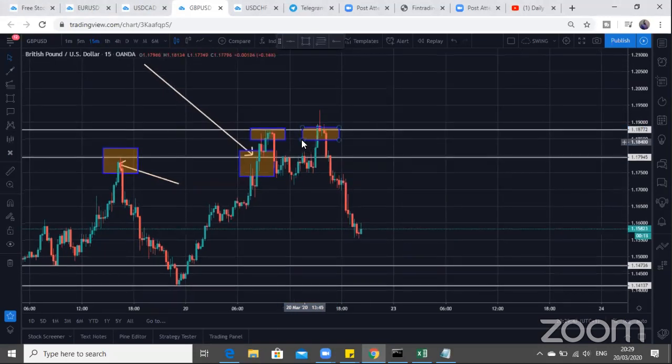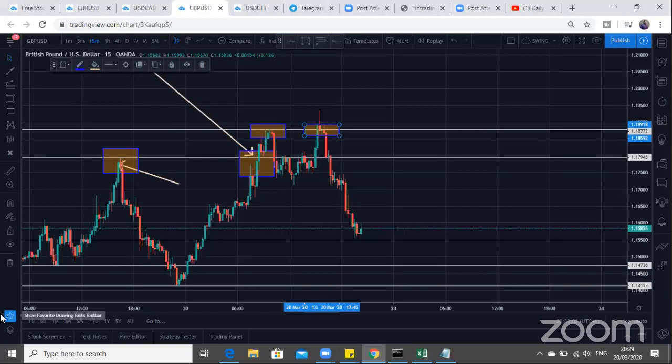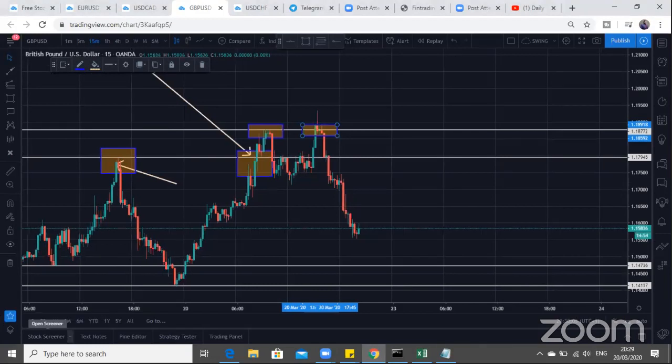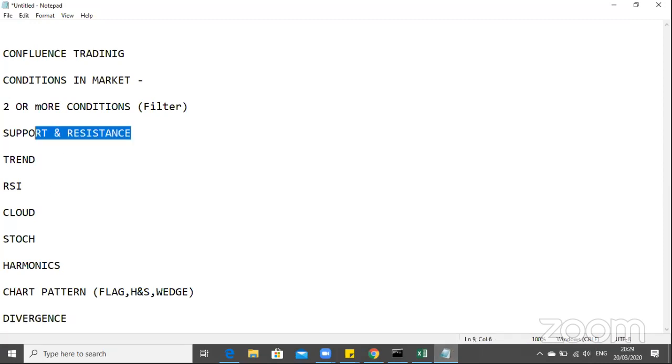Not every roof is tradable. Not every support is tradable. Not every resistance is tradable. Why? Because it is just one condition.